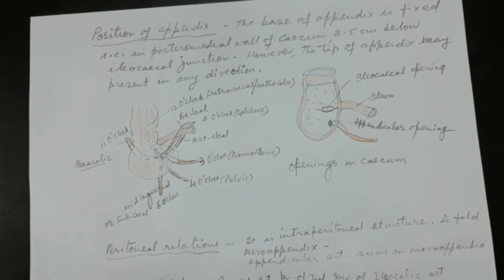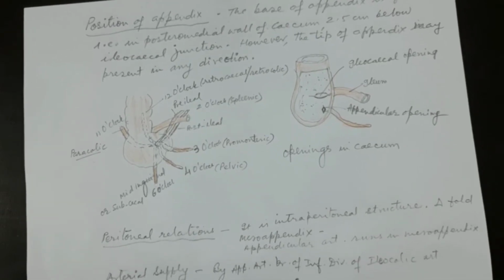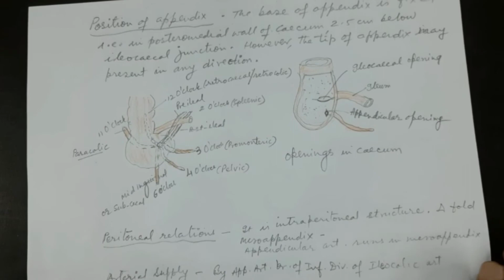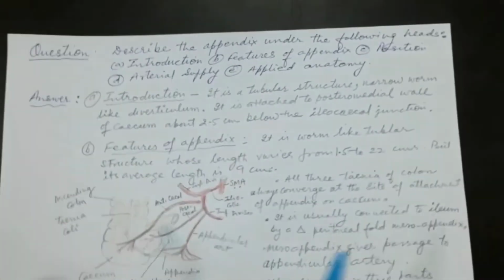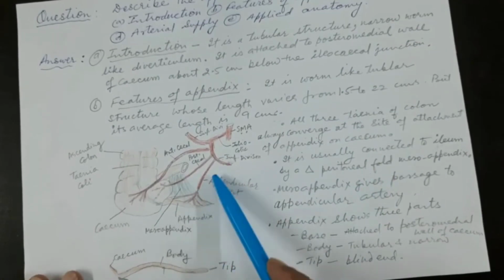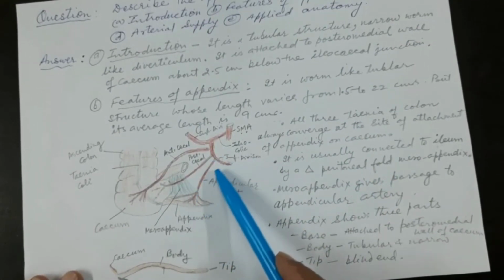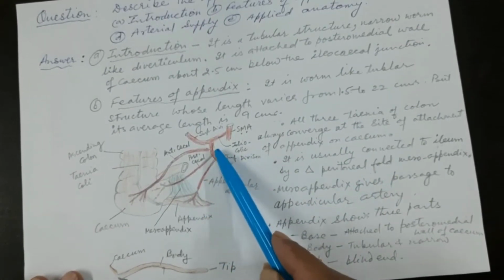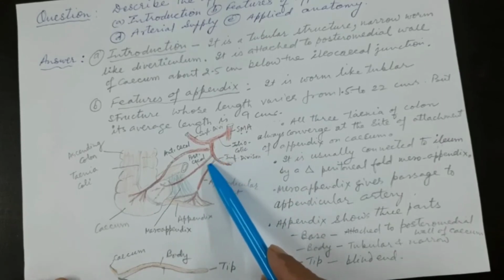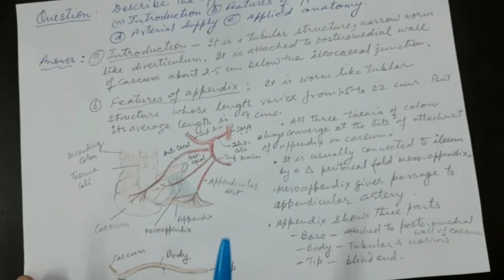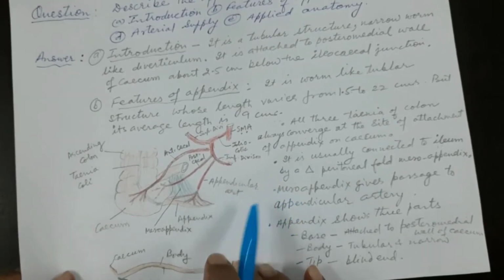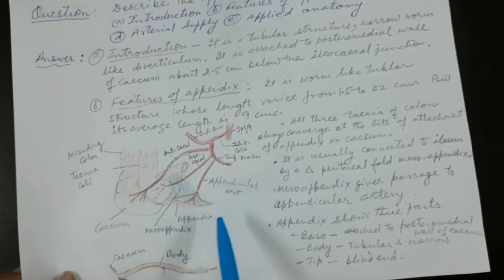Arterial supply, we have already learned. It is supplied by the appendicular branch. See here, this is the appendicular artery, a branch of the inferior division of the ileocolic. This is the appendicular artery which supplies the appendix after running through this triangular fold of peritoneum called the mesoappendix.